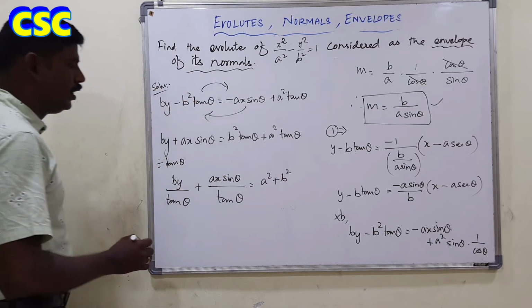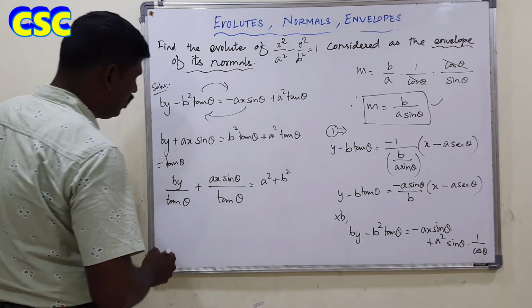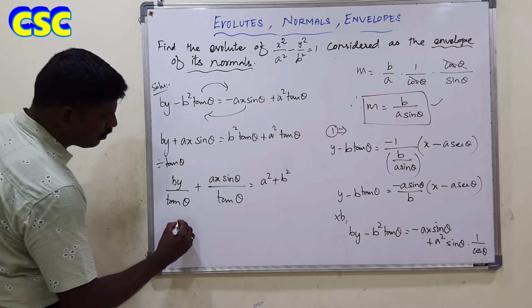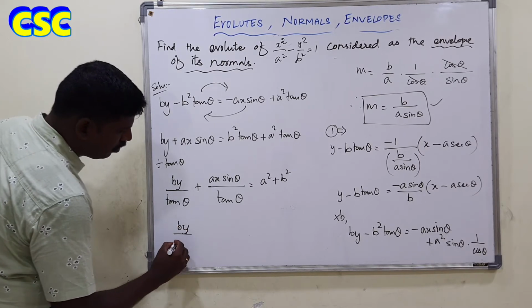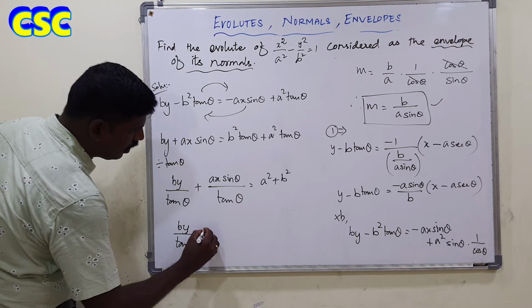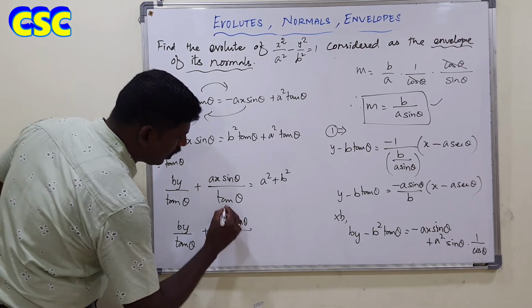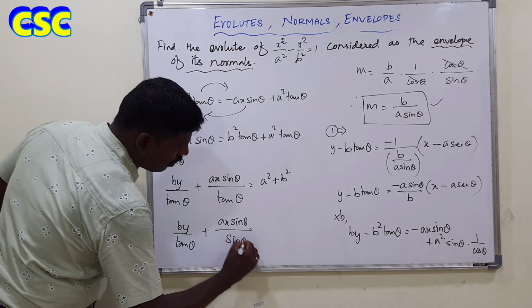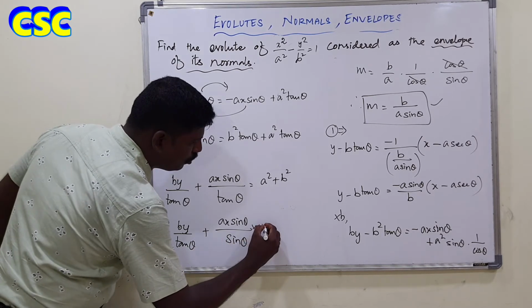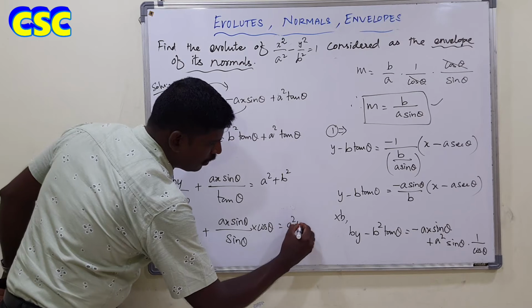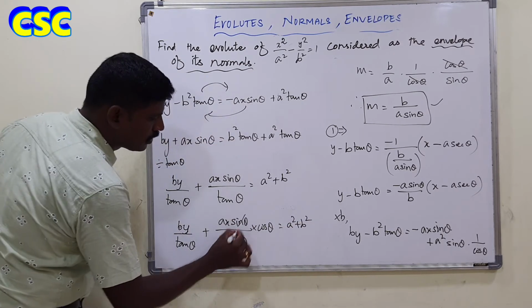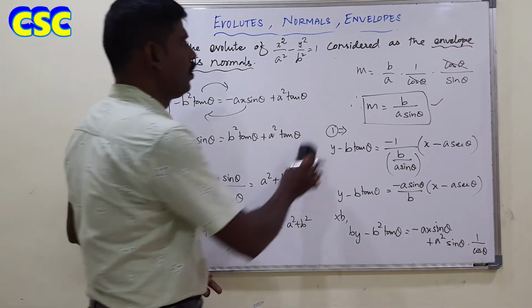This can be written as by tan theta plus ax sin theta by sin theta by cos theta, so that cos theta goes to the numerator, equal to a square plus b square. You can cancel that sin theta with sin theta.